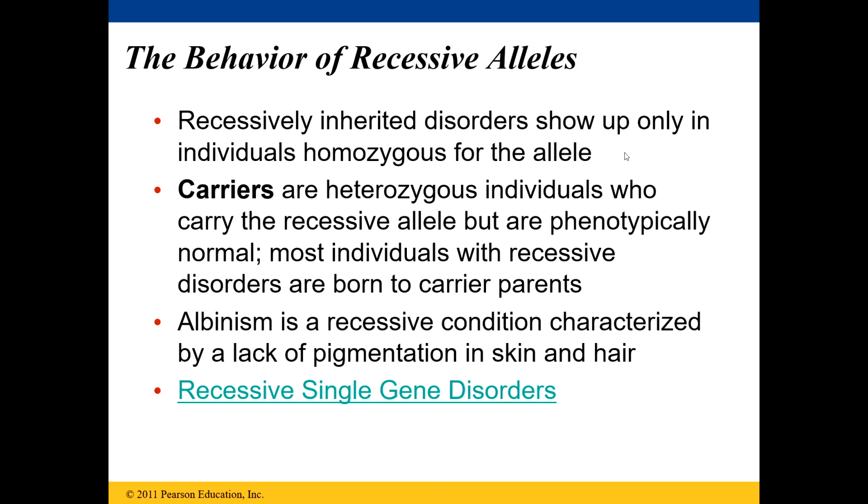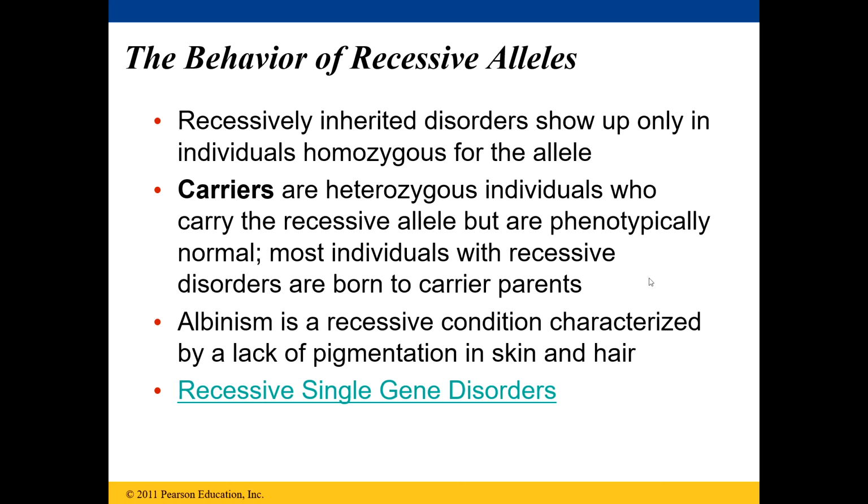So some people only inherit one faulty allele from their parent, and in that case we call them carriers. So they are heterozygous individuals who carry a recessive allele, but they are phenotypically normal. So most individuals with recessive disorders are born to carrier parents.